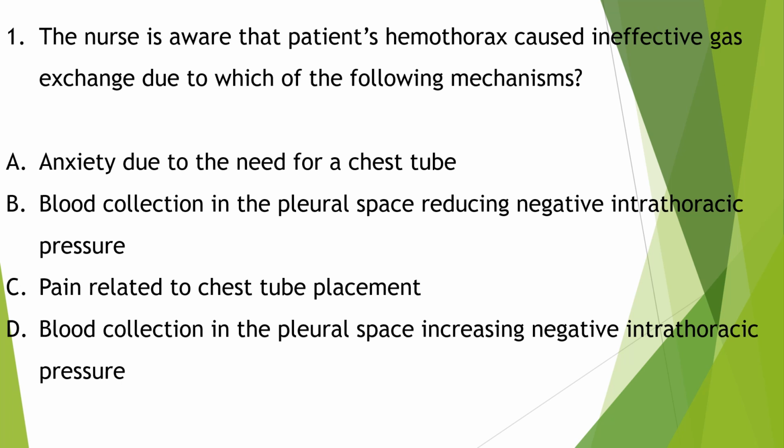And also the loss of blood from the vascular space results in hemodynamic compromise for the patient. So here, the blood in the pleural space will increase the positive intrathoracic pressure, or we can say it will reduce the negative intrathoracic pressure. That is what happens in hemothorax.